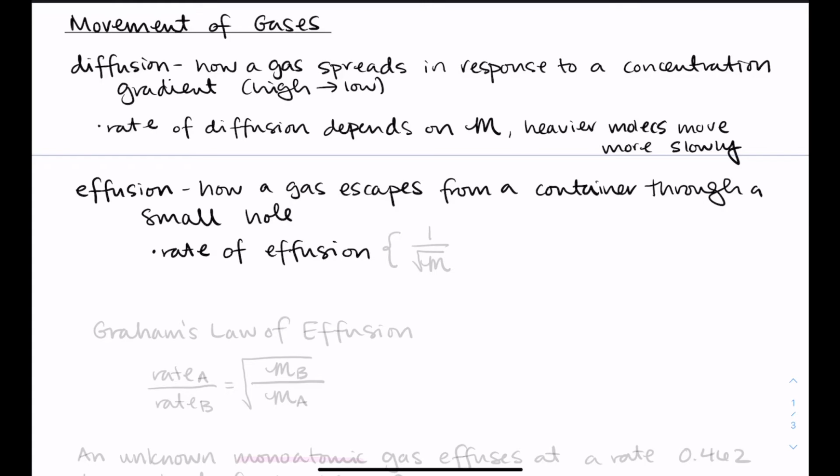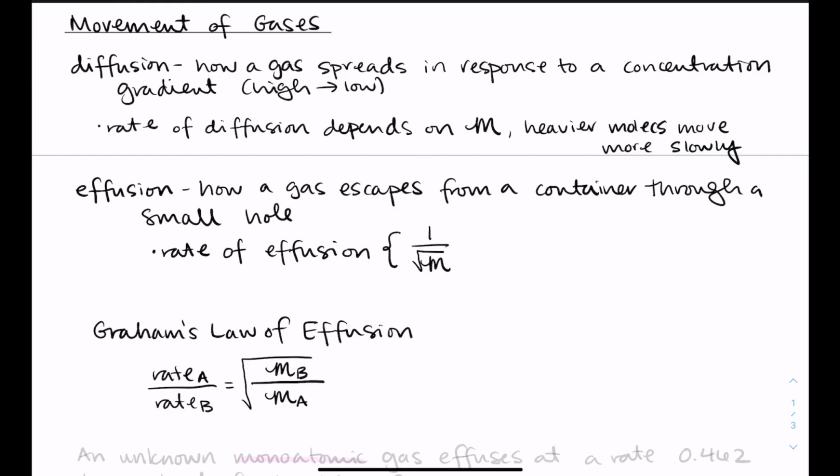If it is light, it moves faster. Now, you can relate one gas to another, and it's been put together as Graham's law of effusion. So if you know the rate of one gas, or even the ratio of the rates, you can find information like molar mass, because the rate being proportional to 1 over the square root of molar mass means that we can write this equation.